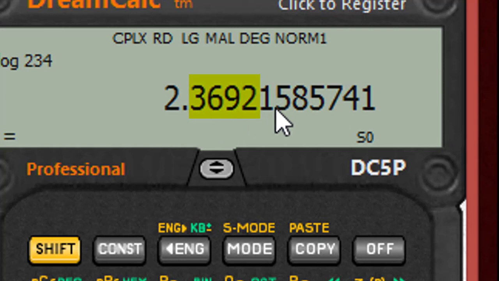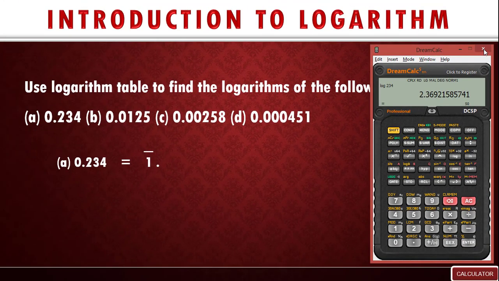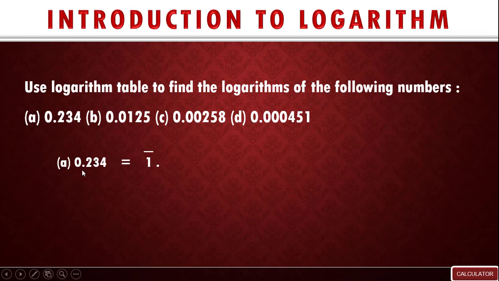If we need to approximate the last digit, we check the next digit: it approximates to 2, and 0 plus 2 is still 2. That means the 4 digits of the mantissa that we need are 3, 6, 9, 2. And then the log of 0.234 will now be bar 1.3692.